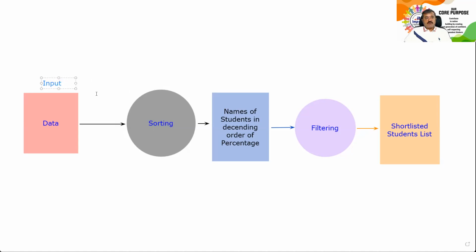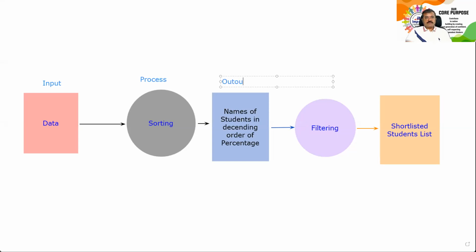So while this is input, the second thing that we have is a process. So this is input, and what we have over here is process. This is process. And next is information, or output, I'll say.